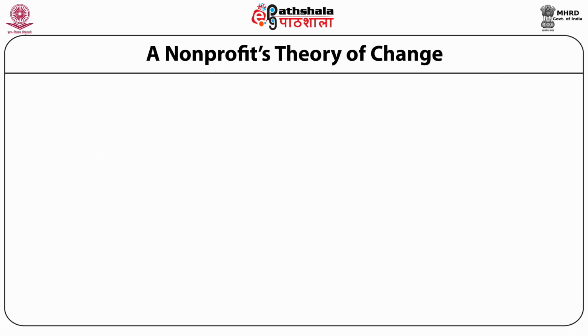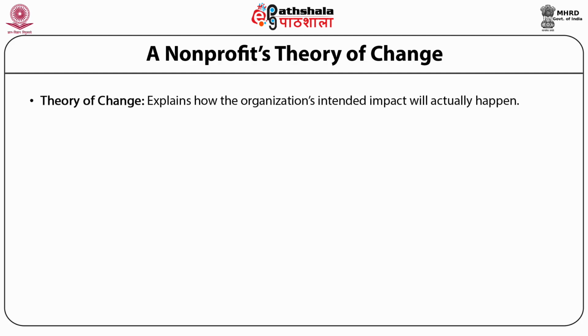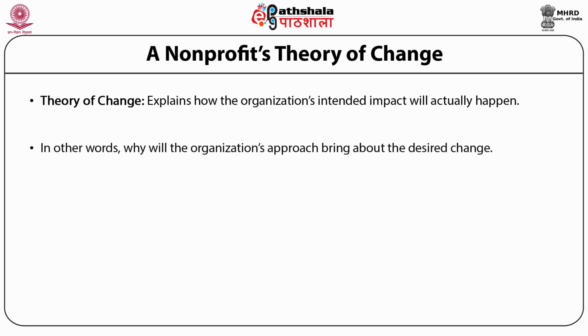We need to understand the non-profit theory of change in order to understand how strategic management can take care in NGO. And what this theory of change says is an argument about how the organization's intended impact will actually happen. In other words, why will the organization's approach bring about the desired change?